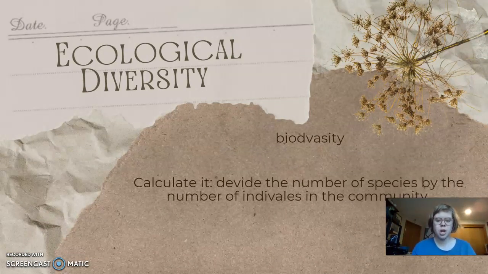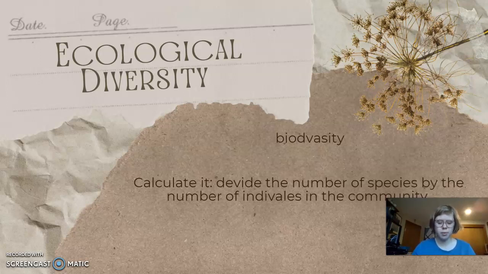So let's move back to ecological diversity. Ecological diversity, as I explained, is like biodiversity, which means the different amounts of species that is there. And so this can be calculated by dividing the number of species by the number of individuals in a community.